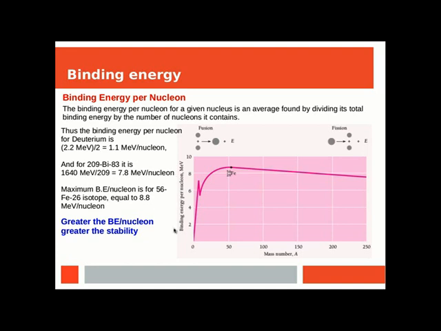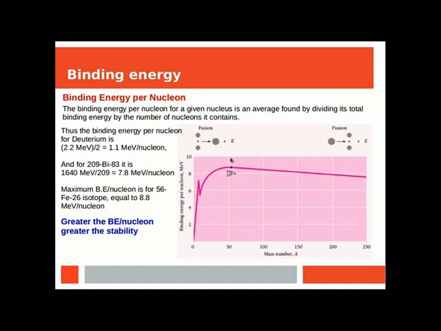If you go on determining this value, binding energy per nucleon, for various types of elements, you get this type of graph. And in this graph, you see that there is a maximum value. The maximum of this value corresponds to the mass number of 56.